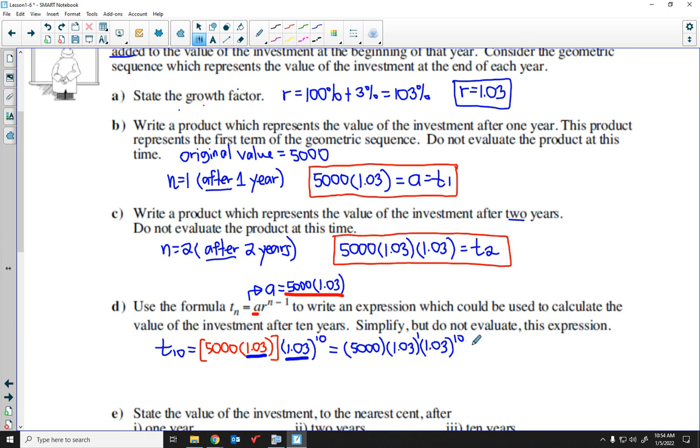This is an exponent of 1, so you could write this as 5,000 and then 1.03. If you have common bases and you want to combine the exponents, you just add them. So we're going to go 1 plus 10. So T10 would be equal to 5,000 times 1.03 to the power of 11.